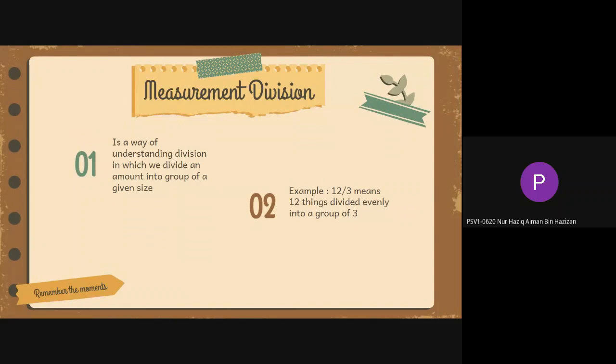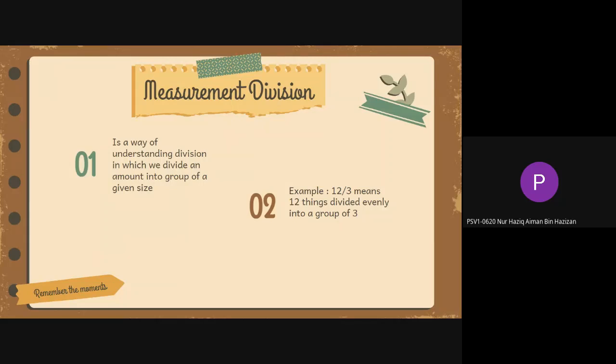Next, this is one of the methods of division. So this is measurement division. Measurement division is a way of understanding division in which we divide an amount into groups of a given size. For example, we have 12, and we want to divide it into groups of 3. So the total of the things we have is 12, and we divide it by 3.